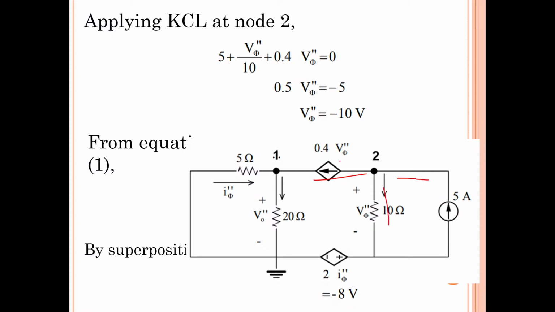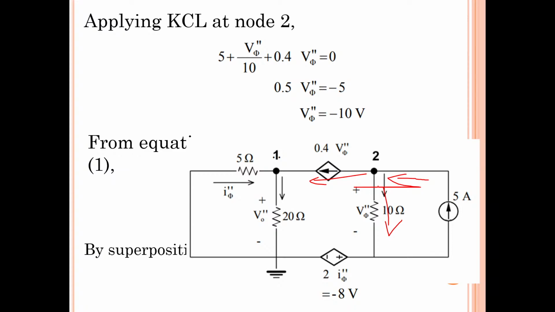The 5 amp current is traveling towards the node, 0.4 V5 double dash is leaving the node, and this current, it's our wish, we can assume any direction.